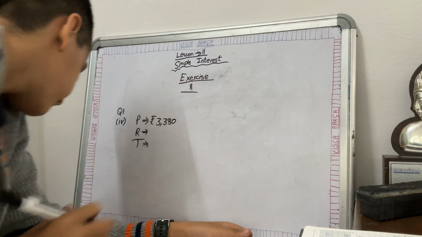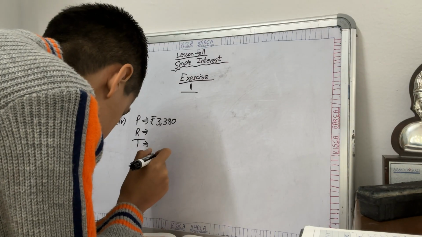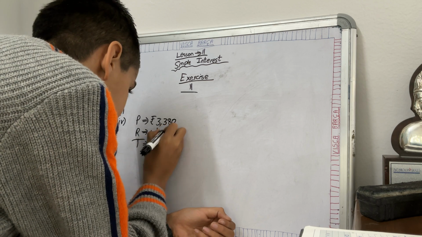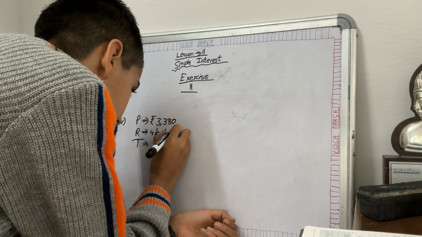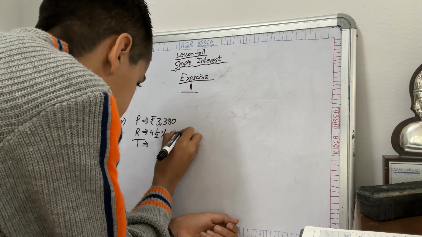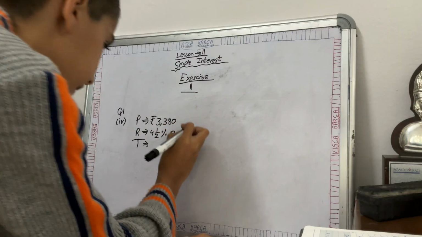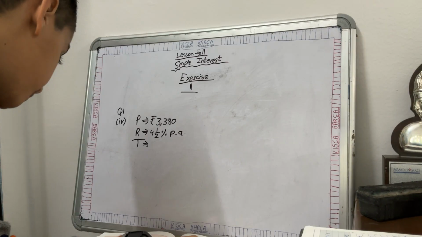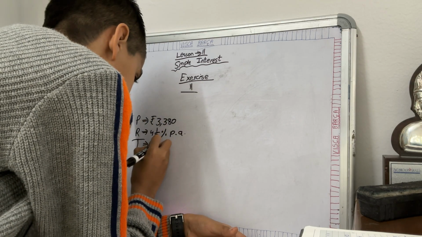Rate is, interesting, it is in fraction: 4 1/2% per annum. And what's time? 30 months.